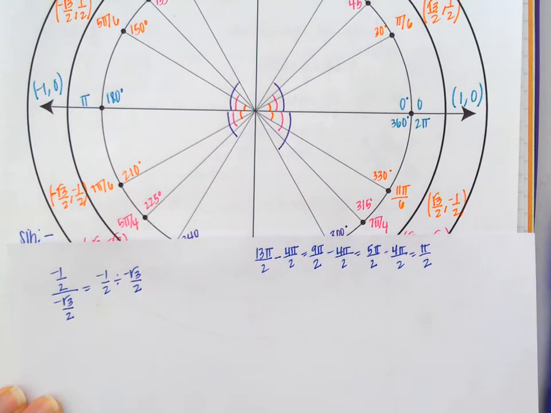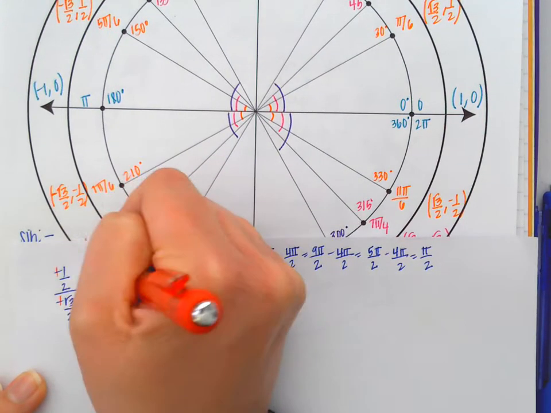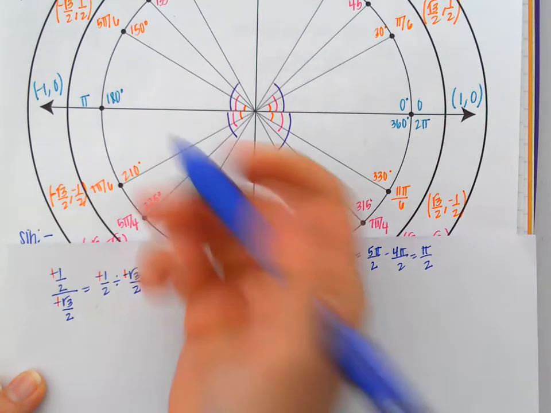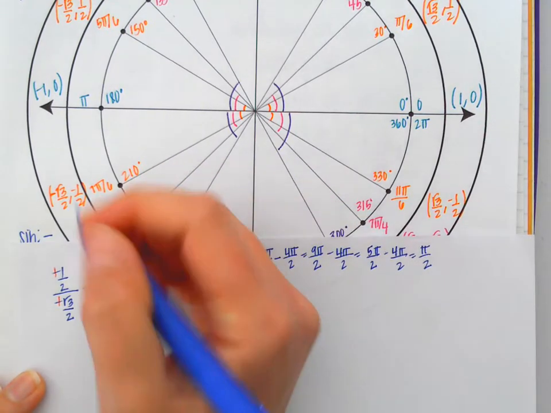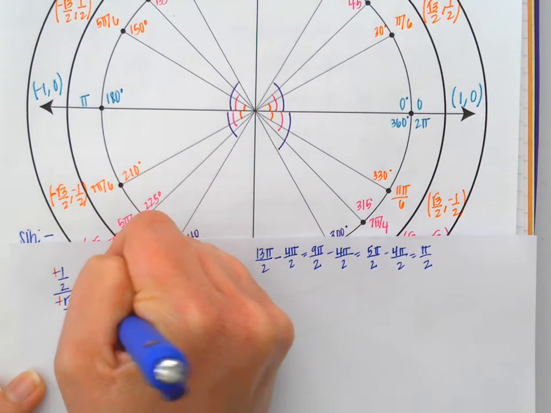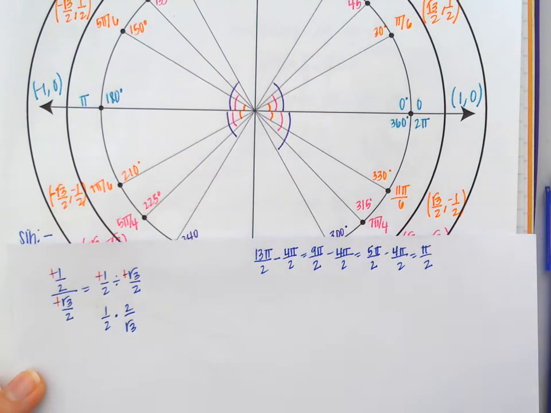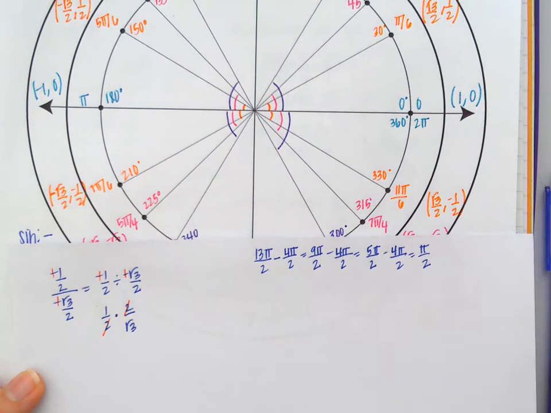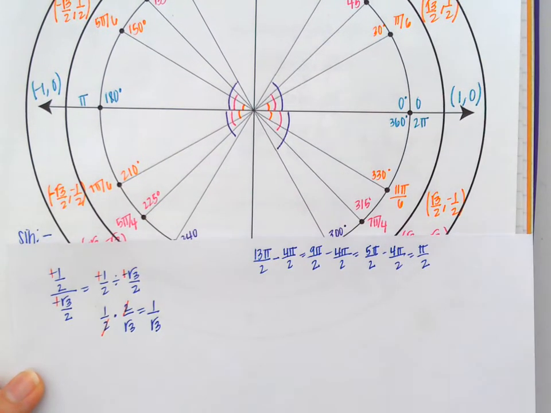Actually, before I do anything, I would notice the negative and the negative make a positive, so I can get rid of those. Then once we split it up, we flip the second one and multiply. And what happens is the denominators cancel, and I'm just left with 1 over rad 3.